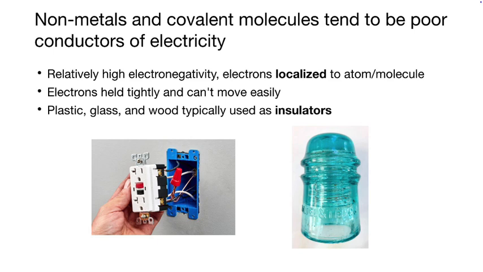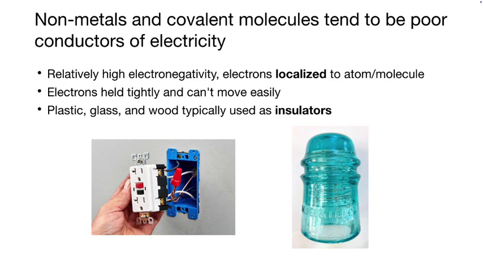Nonmetals and our covalent molecules tend to be very poor conductors of electricity. They have relatively high electronegativity, so when you compare them back to your metals, the electronegativity of your nonmetals is much, much higher. And what does that mean? Well, what was electronegativity? The ability for an atom to hold bonding electrons.